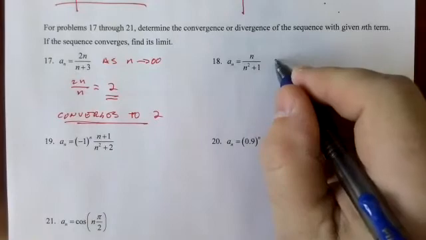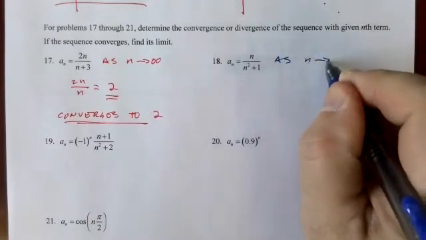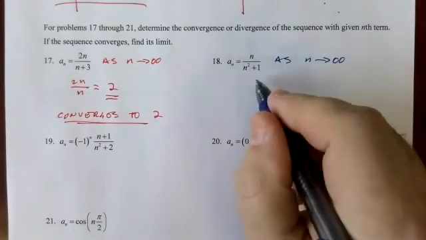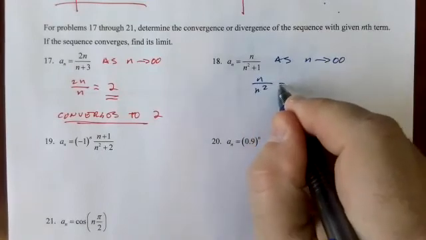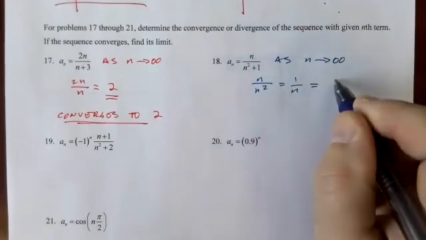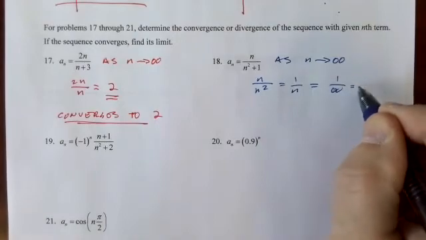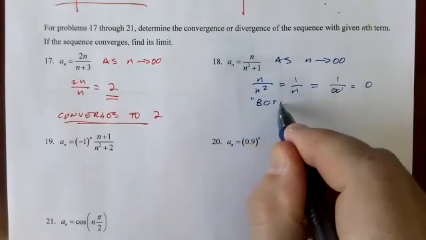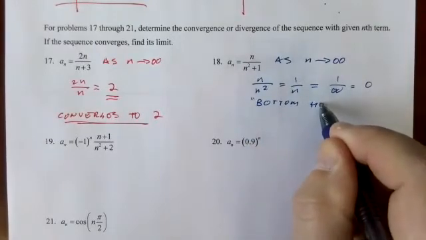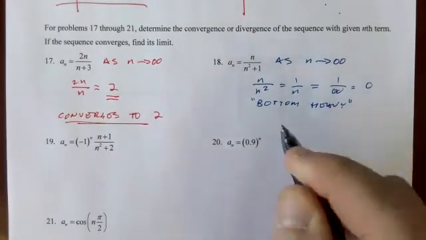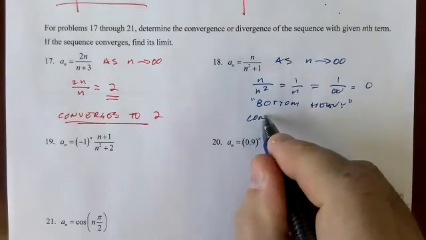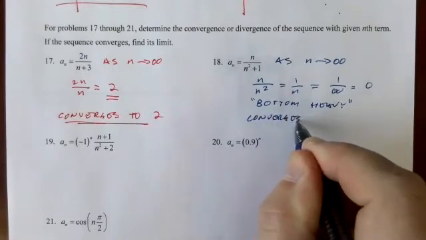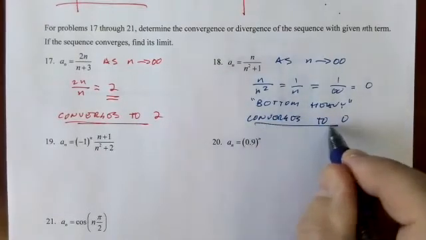Now the power is bigger on the bottom, so as n goes to infinity, n over n squared becomes 1 over n, becomes 1 over infinity, 0. What we call bottom heavy. Converges to 0.